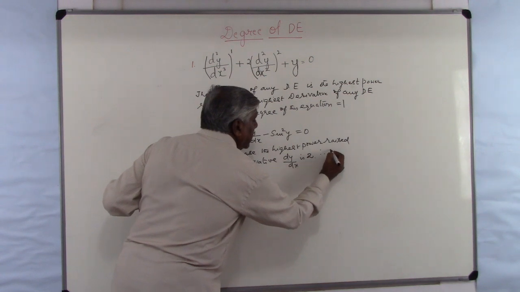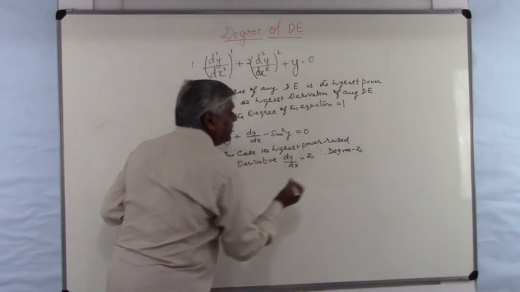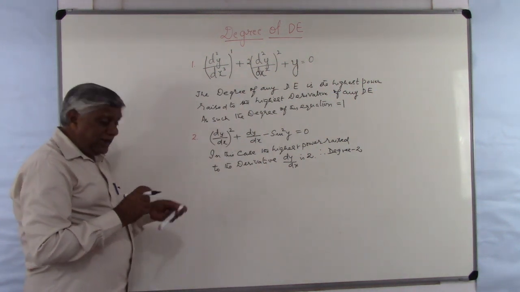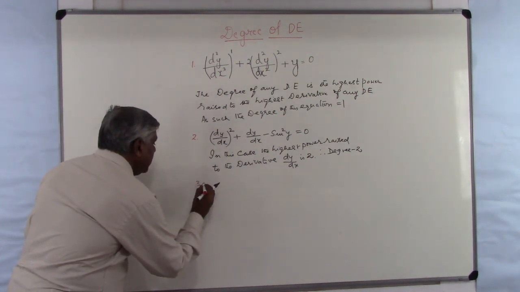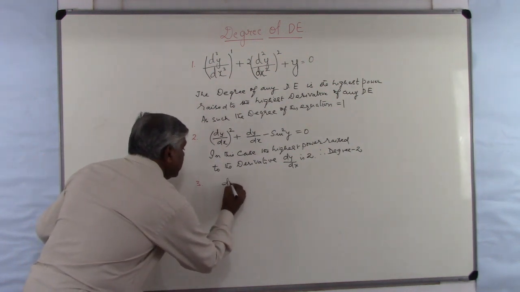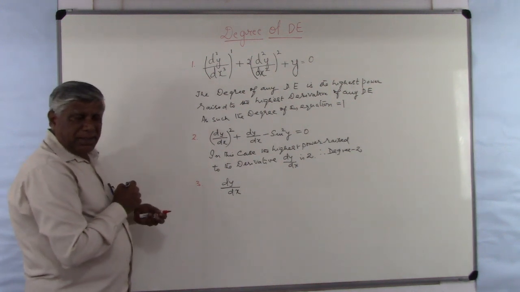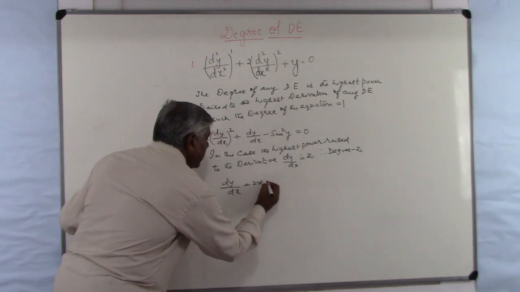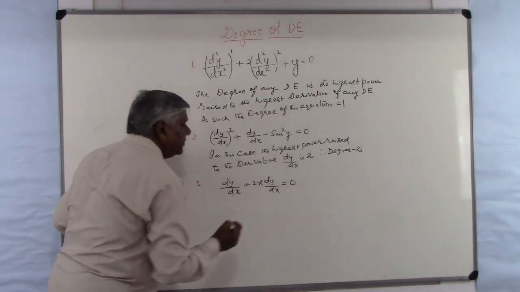Therefore, the degree is 2. In the third example we will see now, we have one problem here. You can see dy by dx plus 2x into dy by dx is equal to 0.